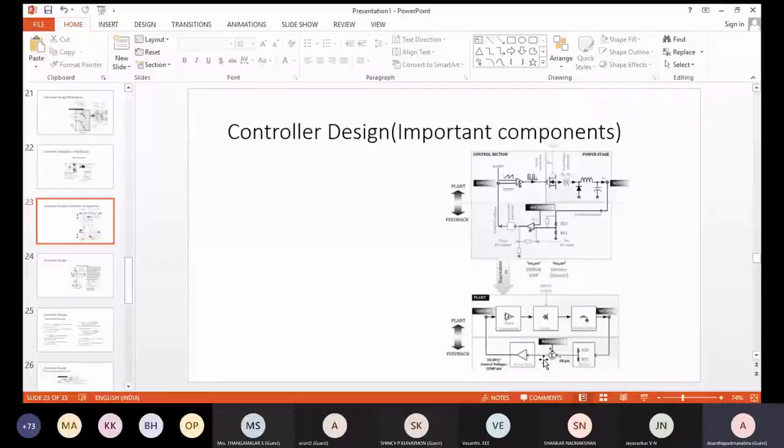I think a better word would be compensated error amplifier, maybe more apt than compensator and error amplifier. We cannot separate it. But for better understanding, in the textbooks we separate them, as though they are physically separate. But actually they are not. If you take an operational amplifier and build compensating components around it, it will do the function of both generating the error as well as compensating the error.